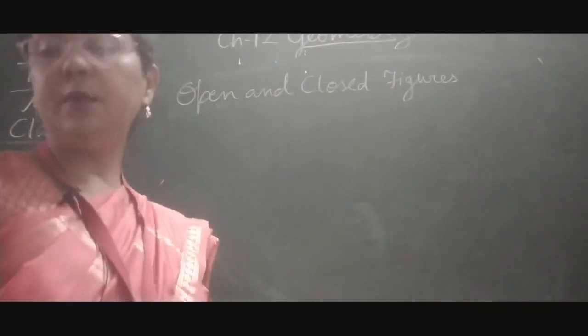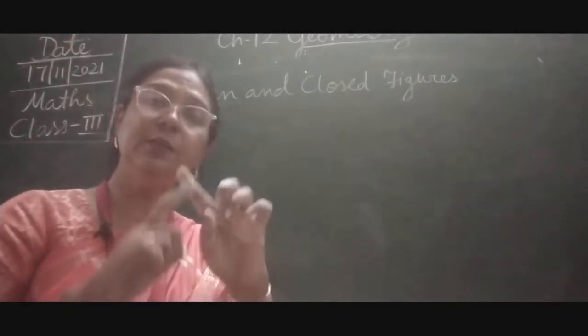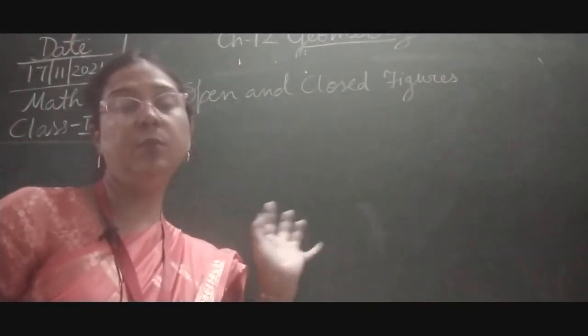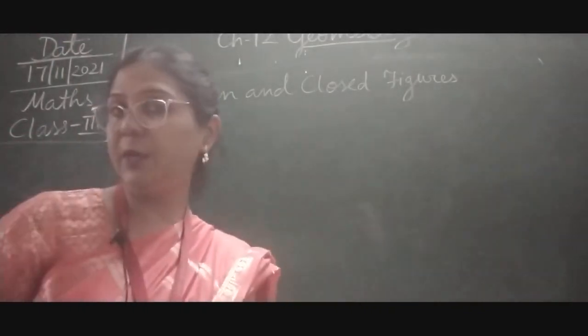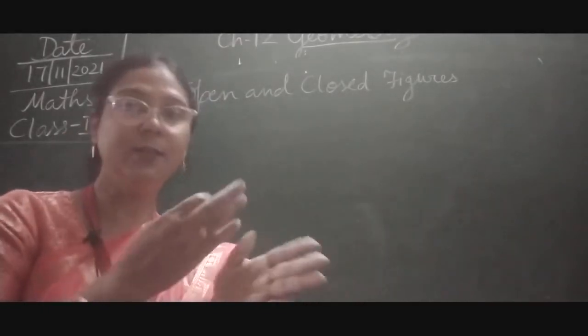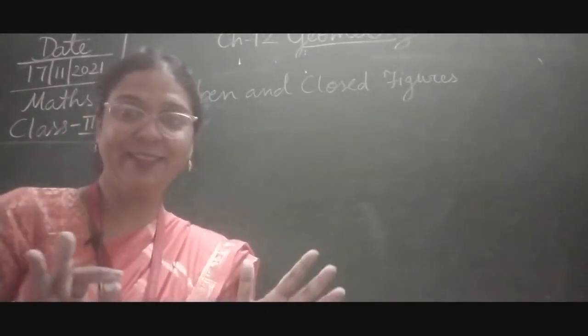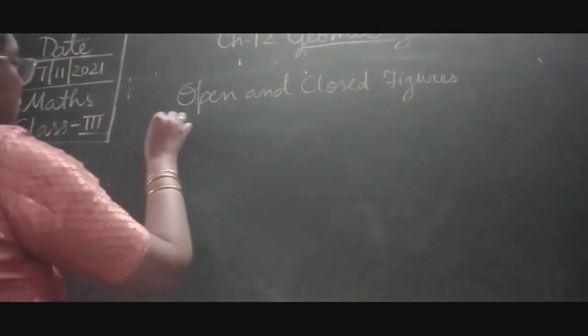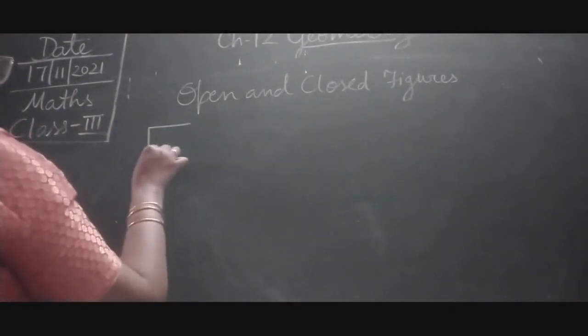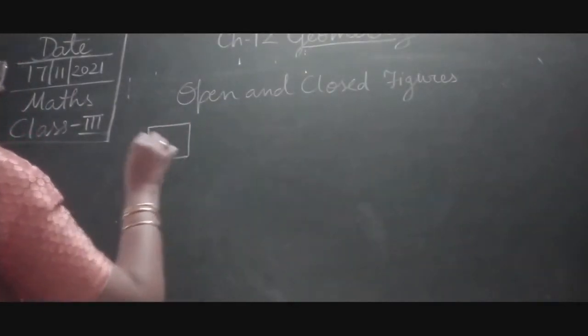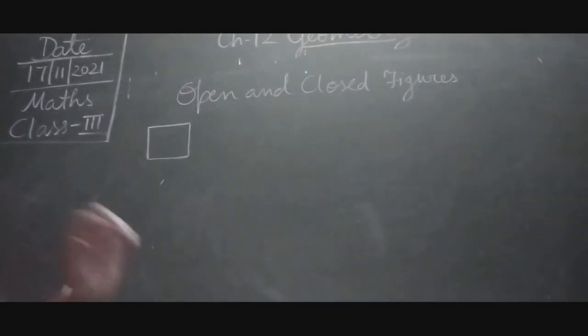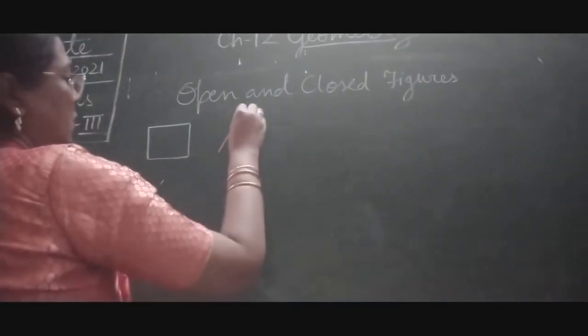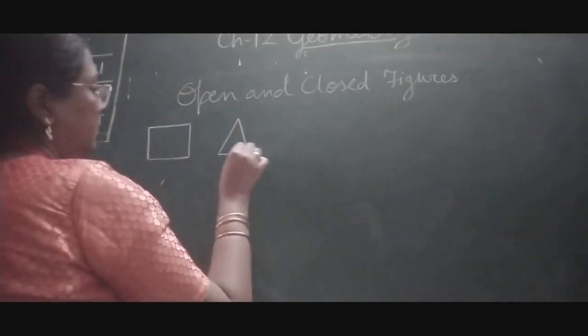I will draw shapes on the board, and you can see there is a closed figure. There is no way to get inside or go outside, no gaps are there. So I will draw a few shapes that don't have any gaps. This is called closed. Now this is also a closed figure.